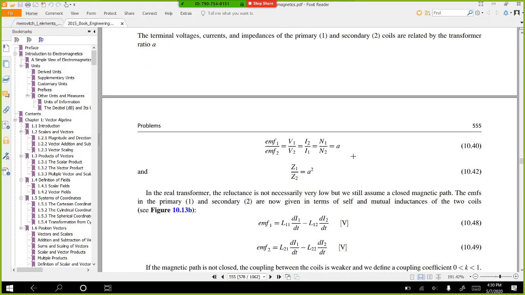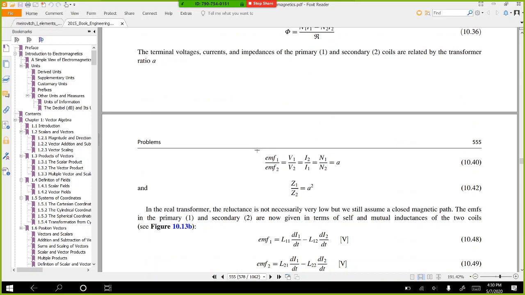For the ideal transformer, the ratio of electromotive force in the primary and secondary coil is equal to the ratio of the number of turns of the primary and secondary coils, or to the reciprocal ratio of currents in the primary and secondary coils. And the ratio of impedances is equal to the square of the transformer ratio.